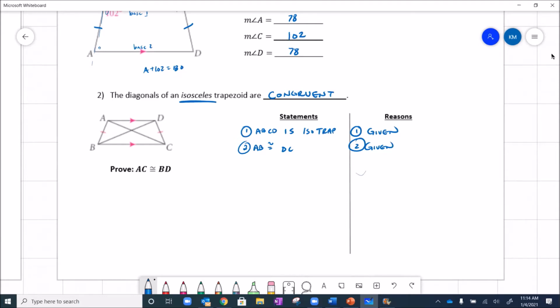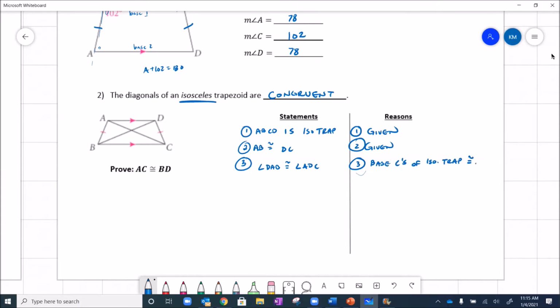And then we can say, because it's the isosceles trapezoid, that angle DAB is congruent to angle ADC because base angles of an isosceles trapezoid are congruent.